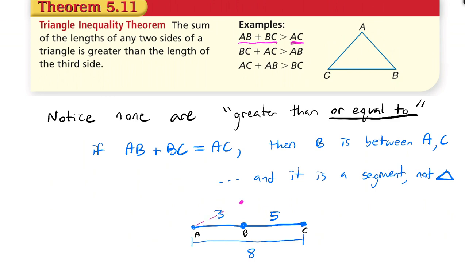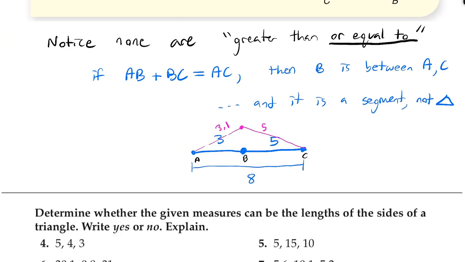If we were to travel off of the straight line to get to B, there would have to be some more distance, right? It would have to be like 3.1 and 5. So there would have to be some extra teeny amount of space, and now we can go out of the way. But if exactly 3 plus 5 equals 8, it's just a line segment, no triangle.